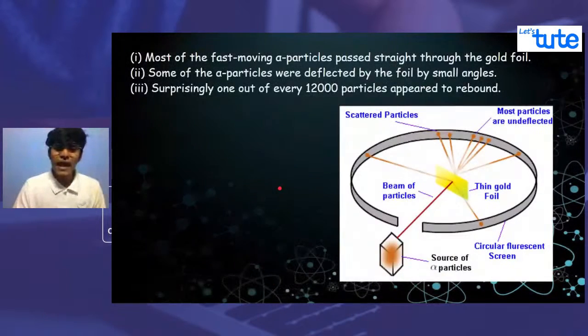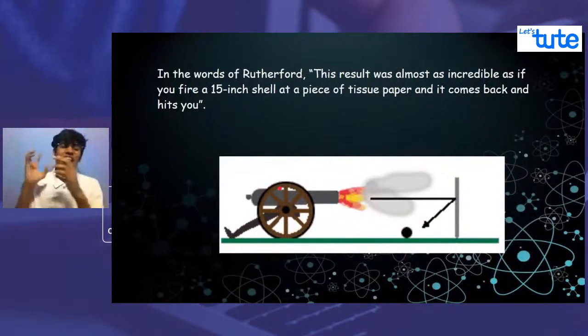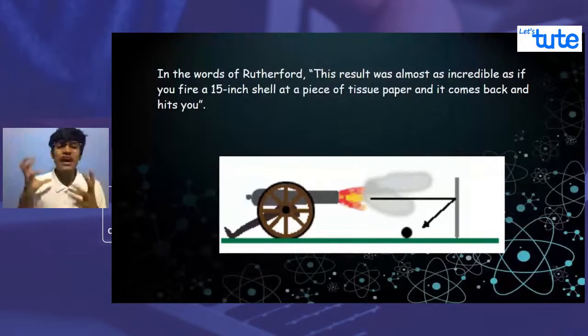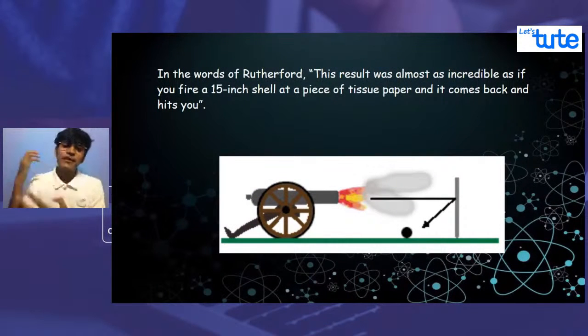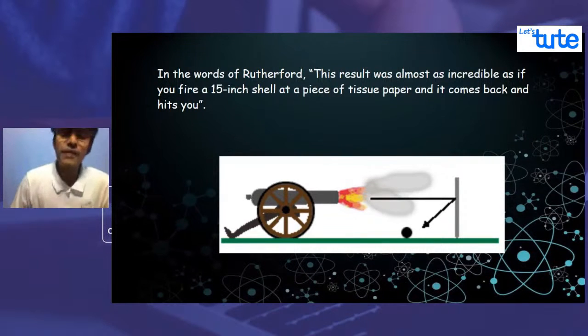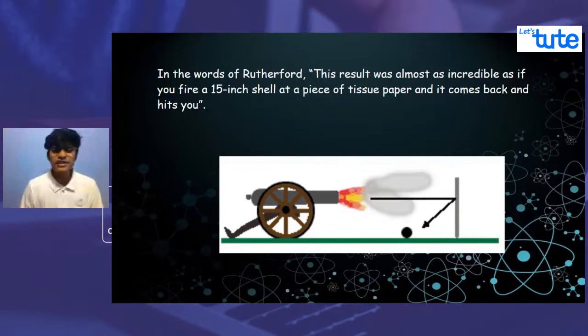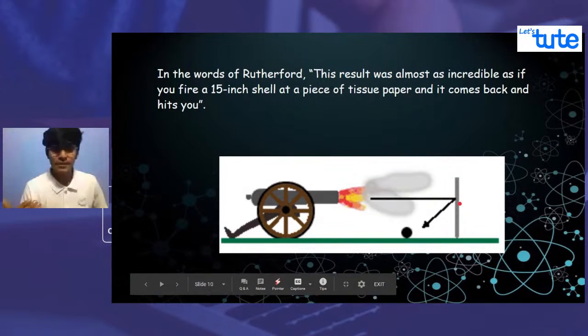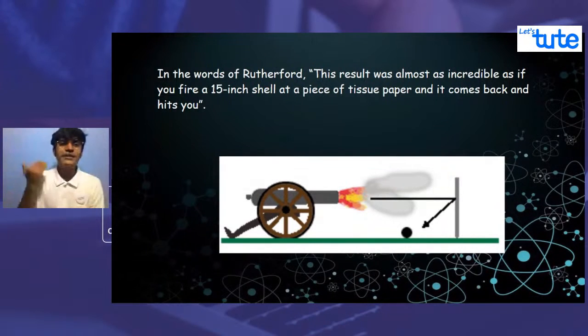So if you try to imagine, the alpha particles were really very heavy and the protons were light in weight, but still the alpha particles rebounded back. Why did that happen?